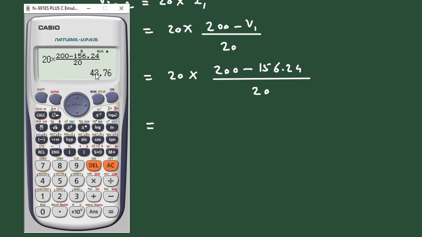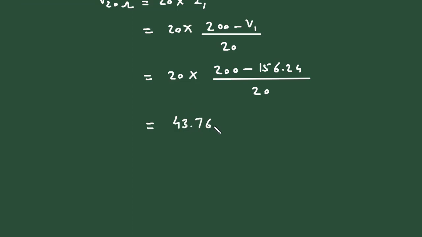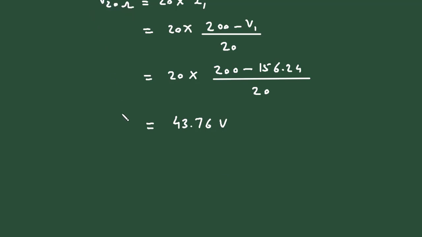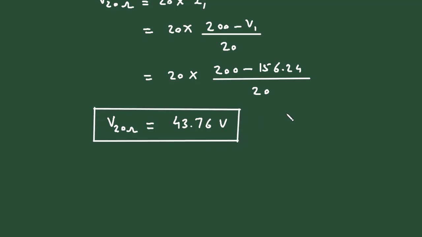So it is 43.76, and since it is a voltage, its unit will be volts. So this is the answer for V20, that is the voltage drop across the 20 ohm resistor.